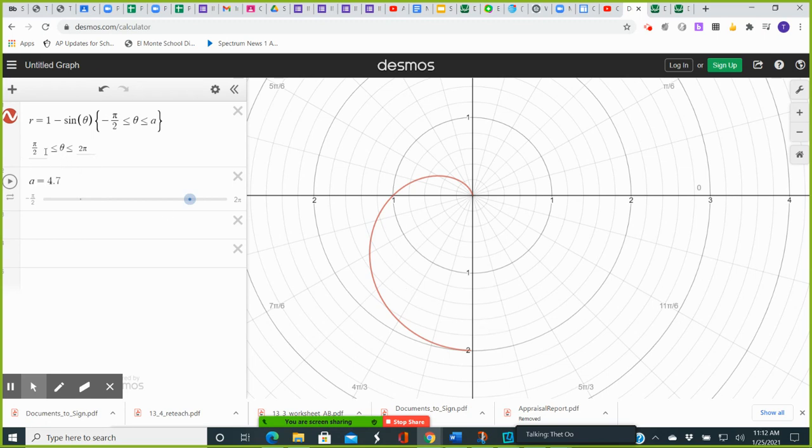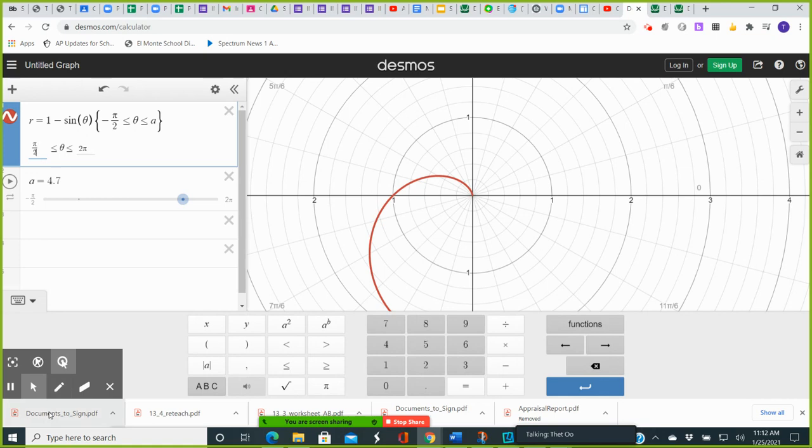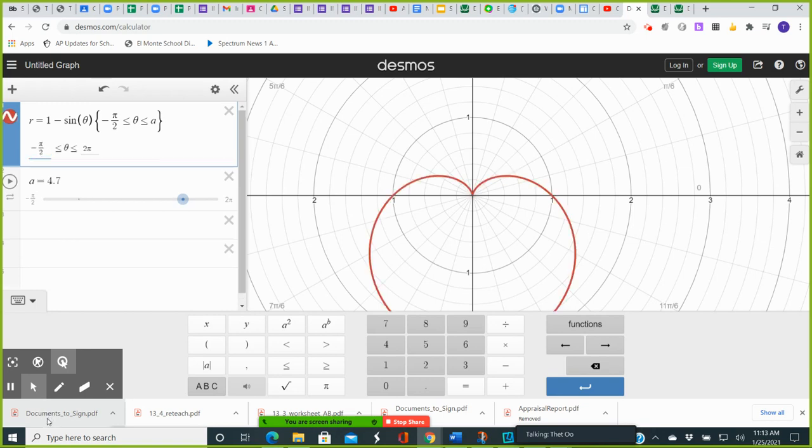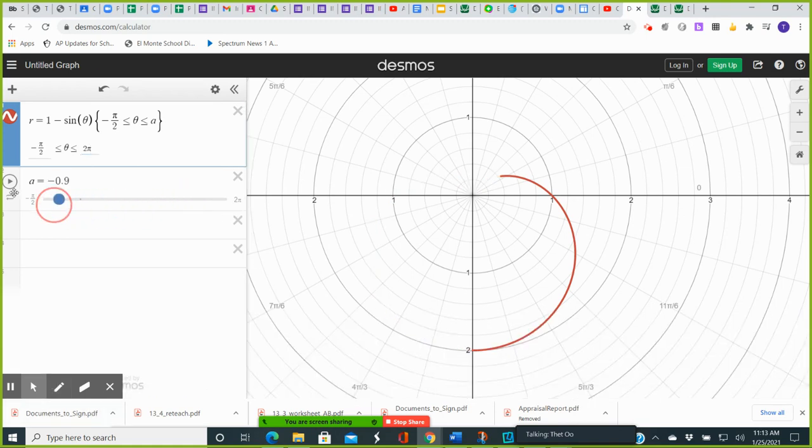The other option is as follows. You can actually consider what happens when you start at theta is equal to negative pi over 2 and go to just theta is equal to positive pi over 2. So if you do that, then this is what you will have. We started originally with theta is equal to 0, and we had the point r theta where r was 1 and theta was 0.